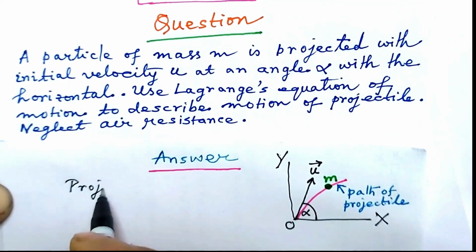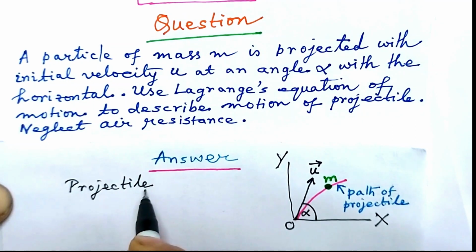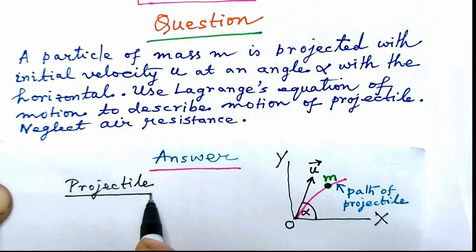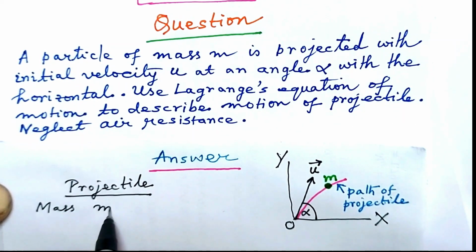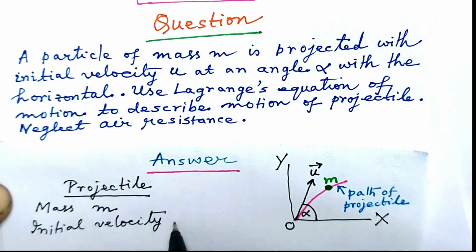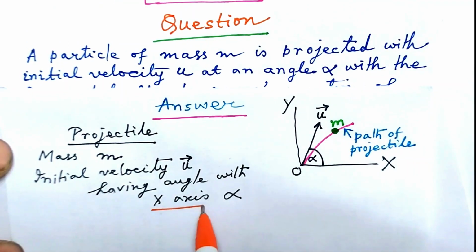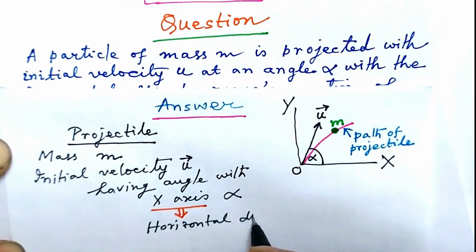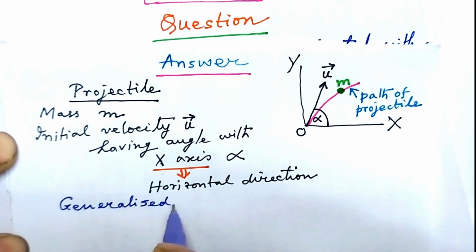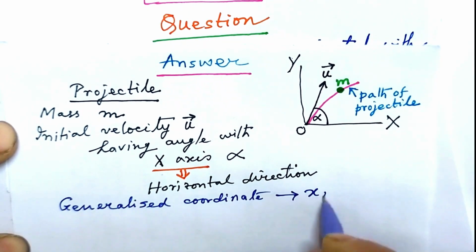Let us write down the parameters describing the projectile at one place, and here it is. Mass is m, initial velocity is vector u having angle with x-axis as alpha, and x-axis is the horizontal direction. Generalized coordinates are x and y.